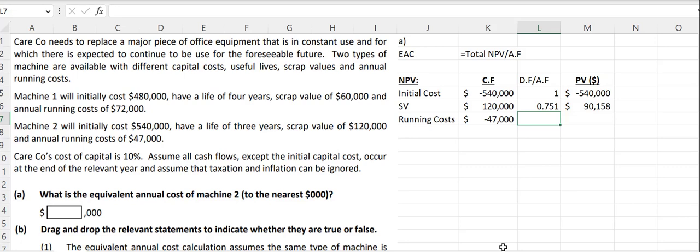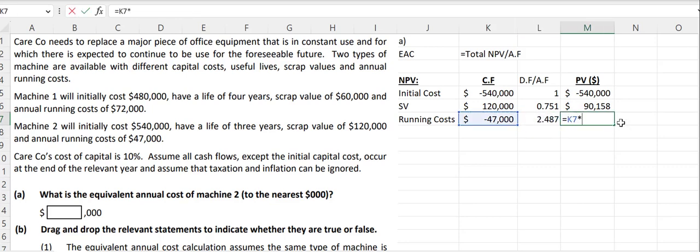The formula for the annuity factor is 1 minus 1 plus rate, 10%, raised to the power minus 3, and then the whole divided by the rate, 10%. So that's the complete formula. Make sure that while using an Excel spreadsheet, you use brackets wisely and don't make mistakes with them.